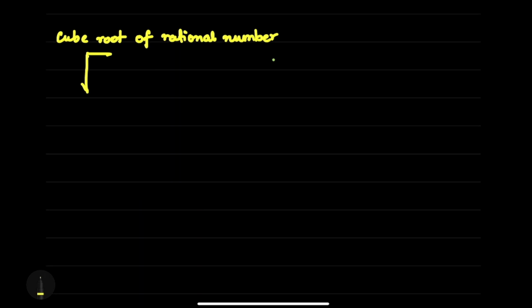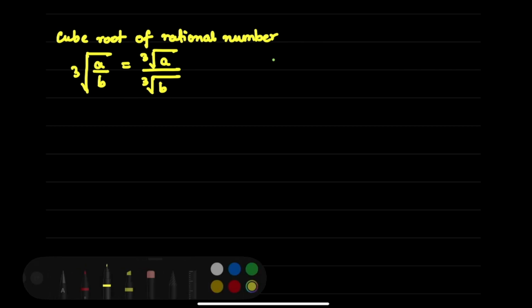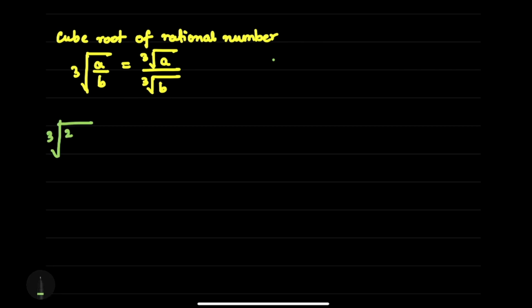Similarly, if we have any kind of a rational number a by b, so for finding that cube root, we will then divide the cube root into above and below as we did in the multiplication part. So that would be cube root of a divided by cube root of b. So let's evaluate cube root of 216 divided by 729.